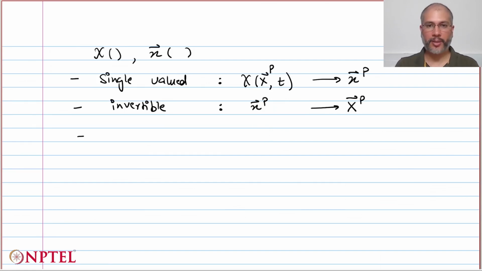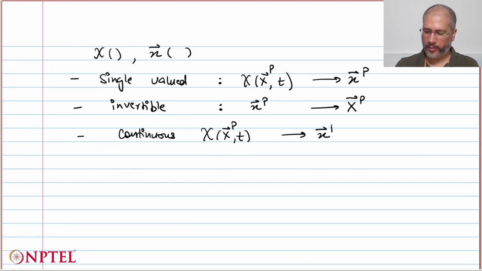Mathematically, this function chi has to be continuous. Now, what is the meaning of that? So chi is a function of capital X and t. Let's talk about continuity in space. That is a bit more complicated to comprehend. Let us say a given point P corresponds to some spatial point small xp at a later time. And if I slightly change my input to the function, let's say I pass in Q to chi, which corresponds to small xq.